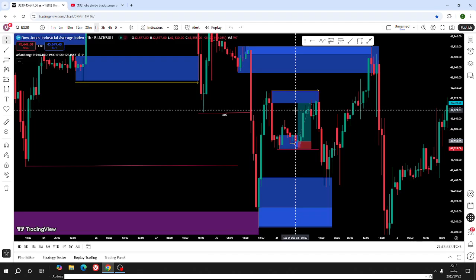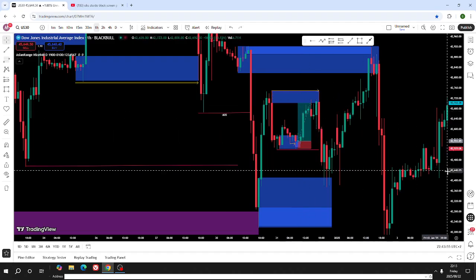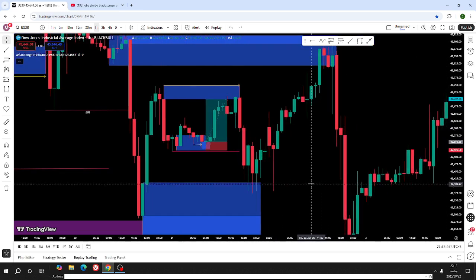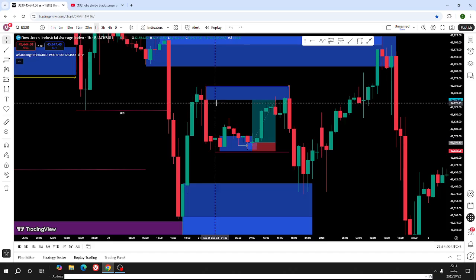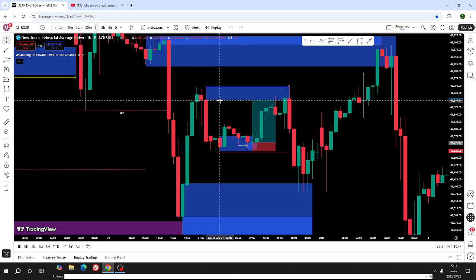So we need to see if this unmitigated order block will hold. Every order block we get to in this market, we pay attention to what is happening, more especially on this one because this is an unmitigated tail.